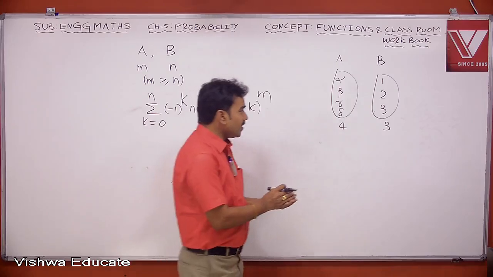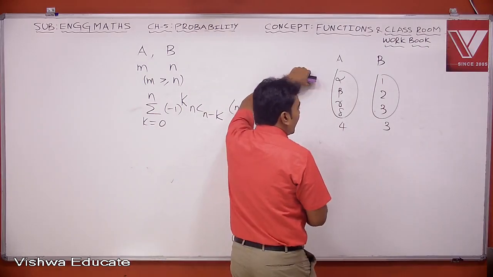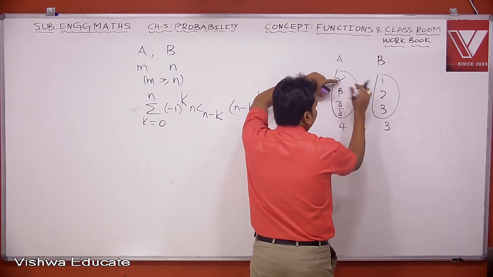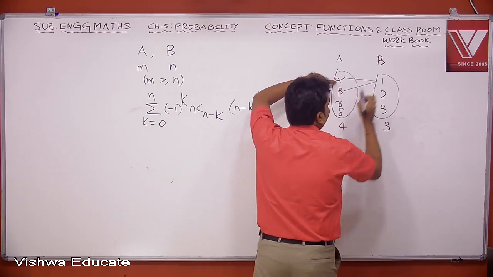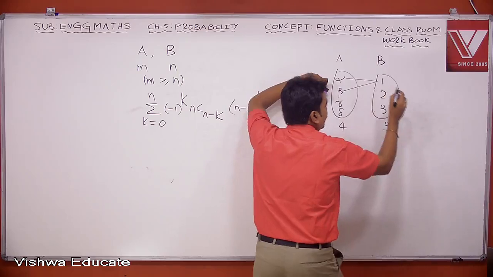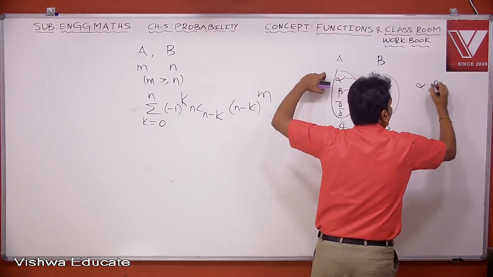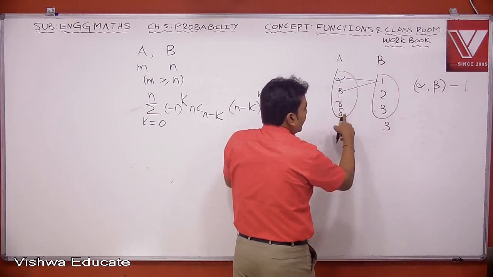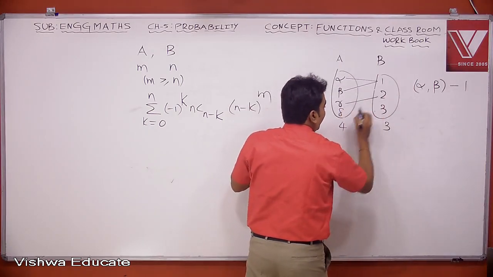Okay. Now you can see what I am doing here is fixing alpha comma beta to 1. Alpha and beta are set to 1. So the images of alpha and beta are 1. But gamma and delta can be set to 2 and 3. Suppose like this.